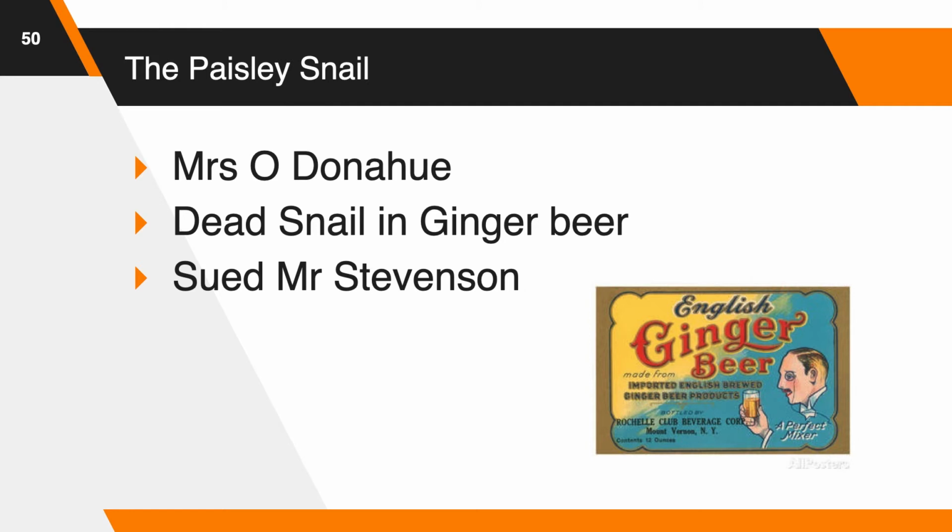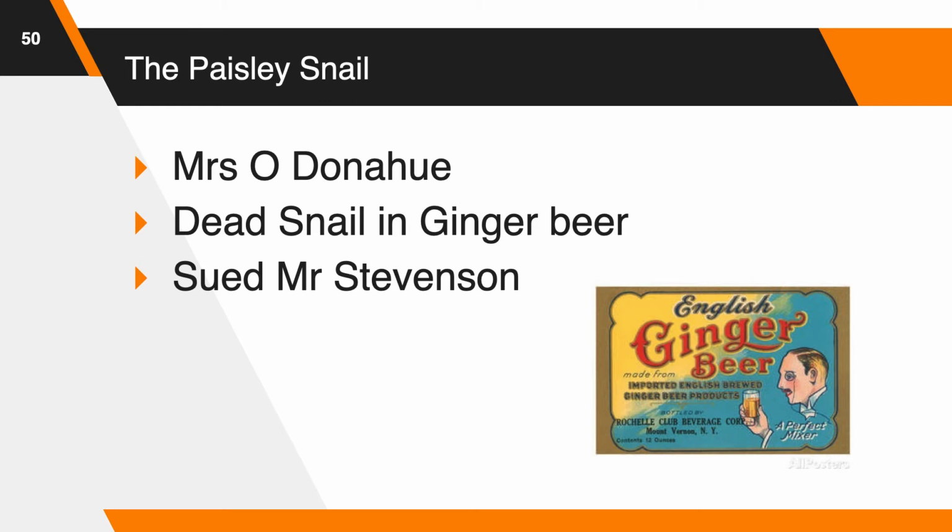And so she sued Mr. Stevenson, the maker of the ginger beer, and this went all the way to the High Court in London, and they found in Mrs. O'Donoghue's favour, they said that Mr. Stevenson had been negligent, and I think he had to pay her something like £200, which in those days would have been a lot of money.